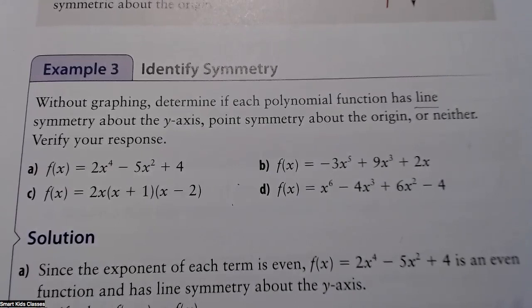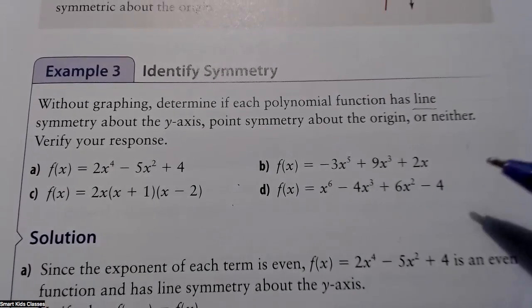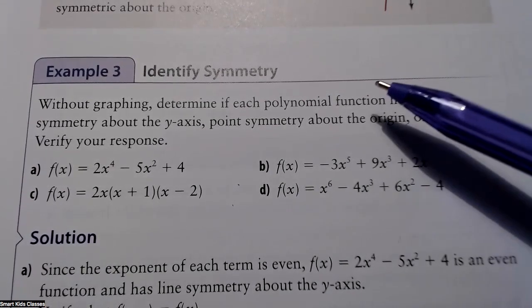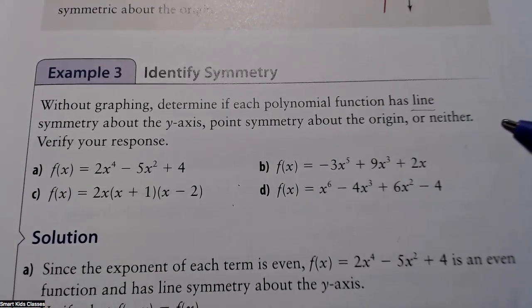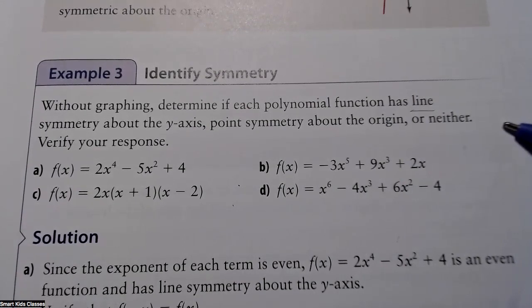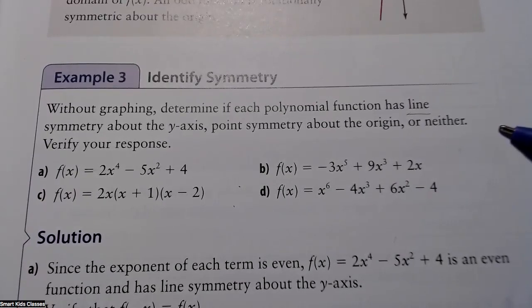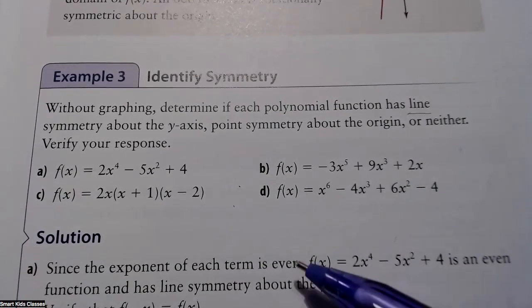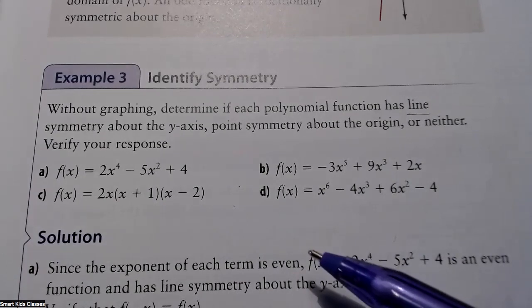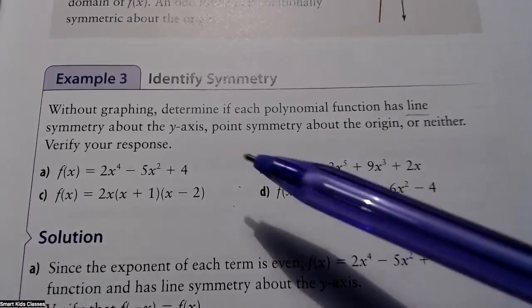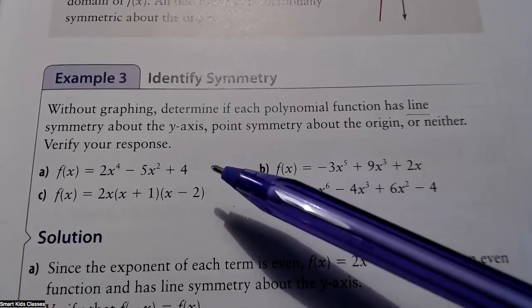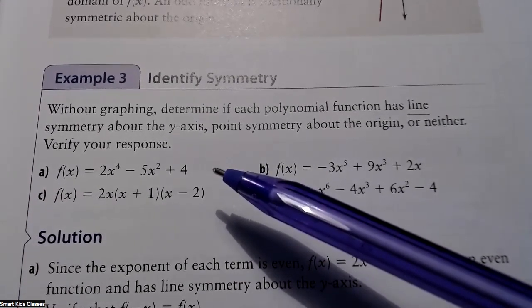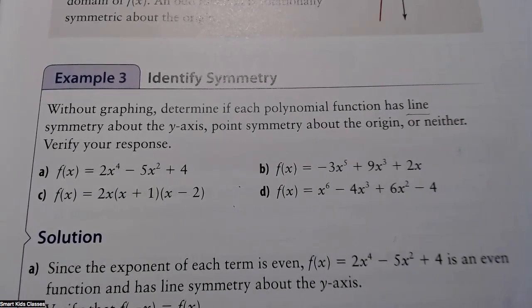On page 37 in the textbook, section 1.3, example 3, identify symmetry. Now I'm going to read it and also explain it to you, with writing too. It's giving you the functions without a graph, and you are going to determine for each function what kind of symmetry it has, and whether it is an even function or an odd function.